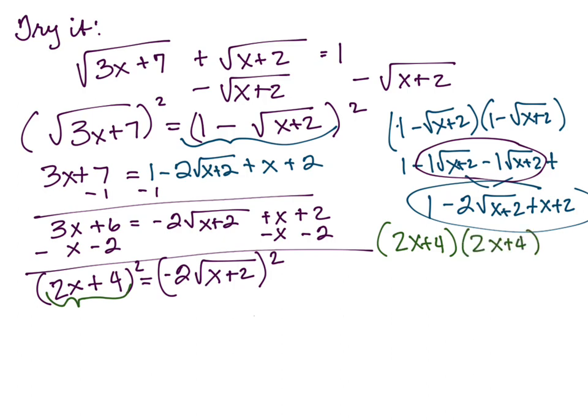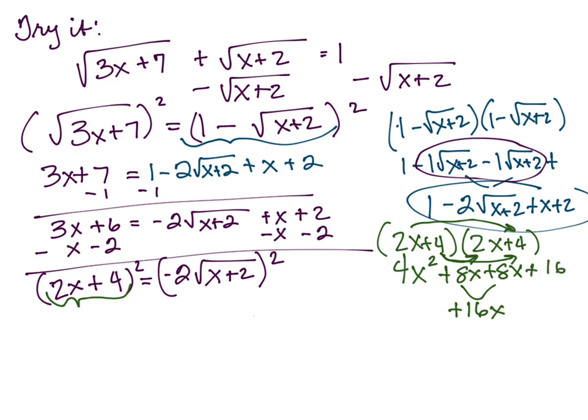I'm going to square the first. 2x times 2x is 4x squared. In the middle, I'm going to have a 2x times a 4, which makes 8x, and I'm going to get another one of those. So I've got plus 8x plus 8x. In other words, 16x in the middle.